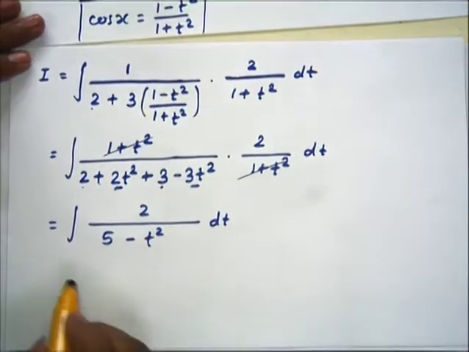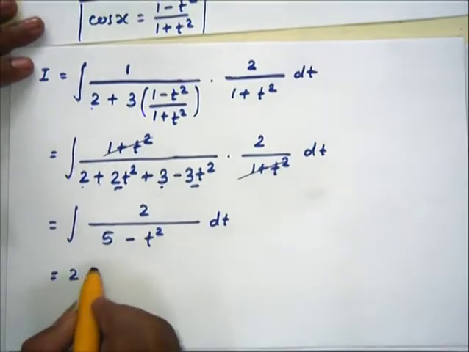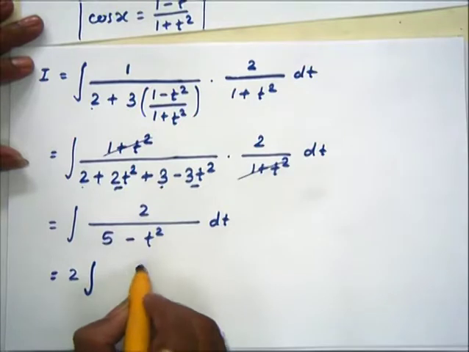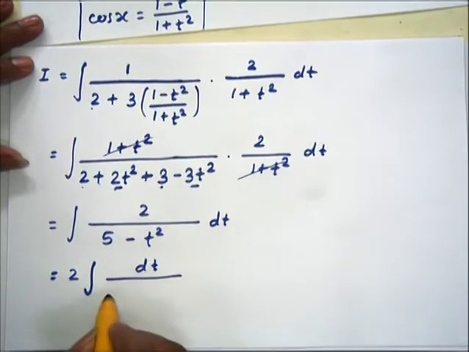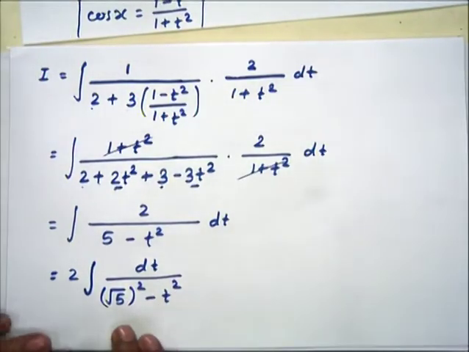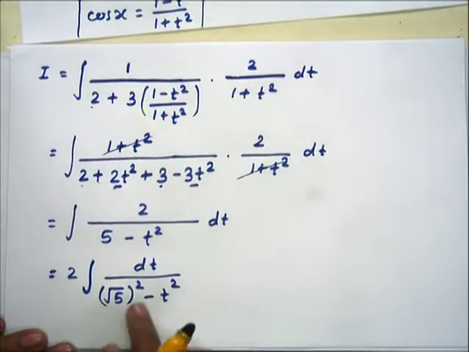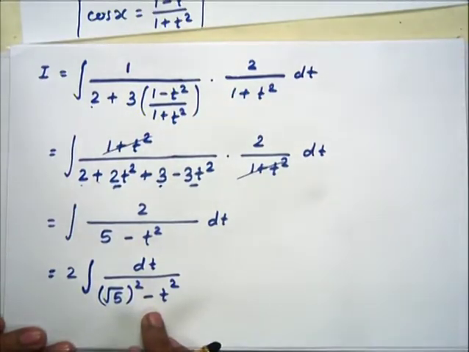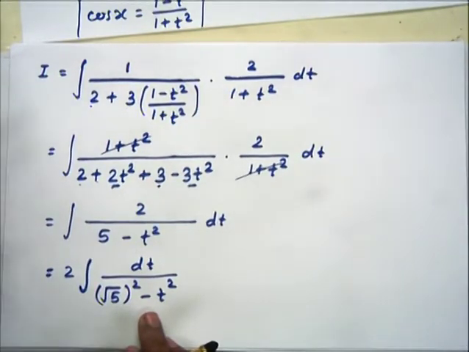Now this is a known form: square root 5 whole square minus t square. This is the form integration 1 upon a square minus x square, which we learned in the first lecture.